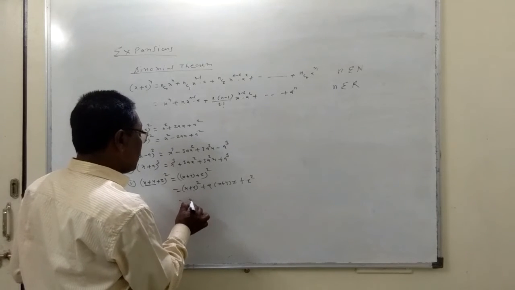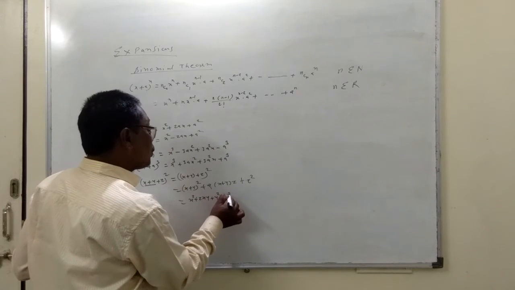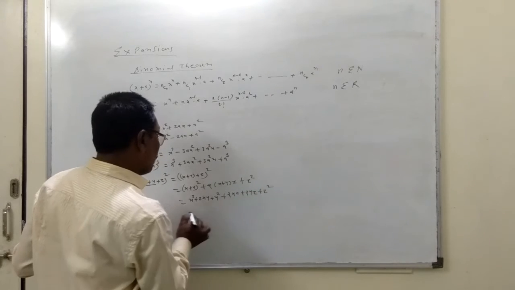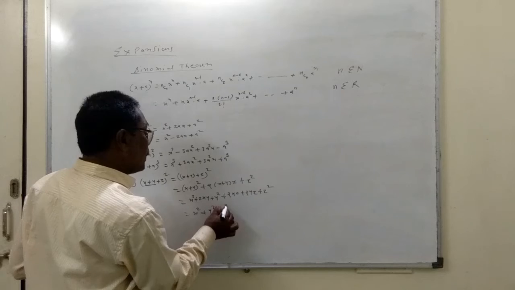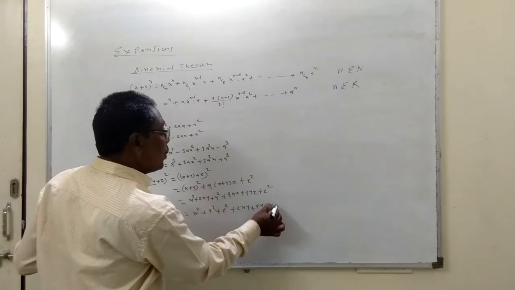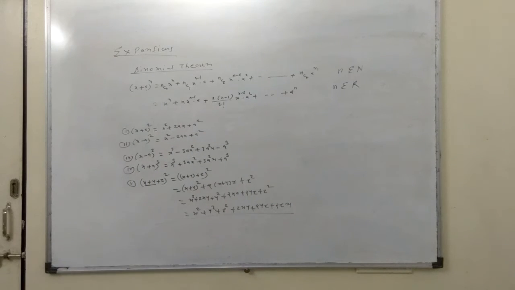Now we expand this as x square plus 2xy plus y square plus 2xz plus 2yz plus z square. So that comes in standard form as x square plus y square plus z square plus 2xy plus 2yz plus 2zx. In this way we can find the expansions of the functions.